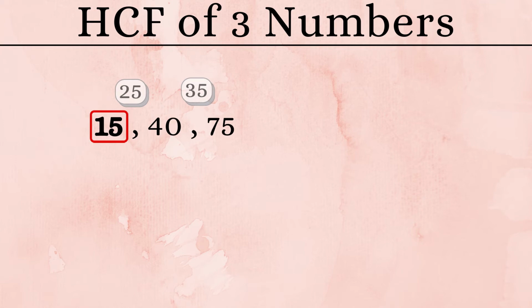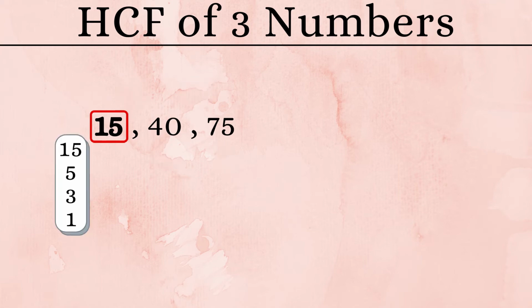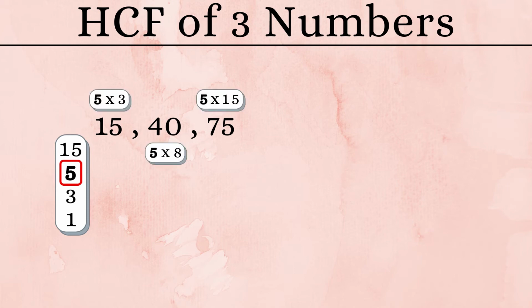We can find that 75 is a multiple of 15, but 40 is not. So, we list down the factors of 15. The next highest factor is 5. And checking out our numbers, we find that all the three numbers in question are multiples of 5. So our HCF is 5.